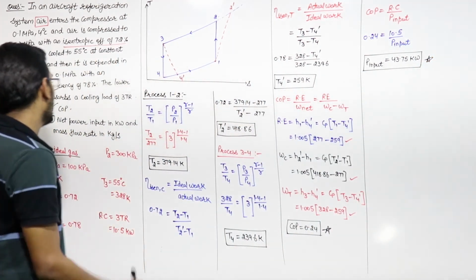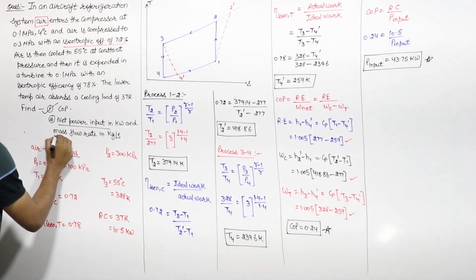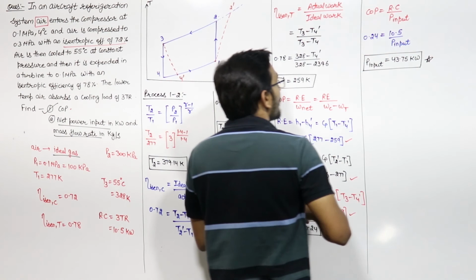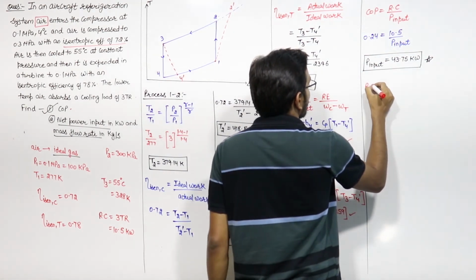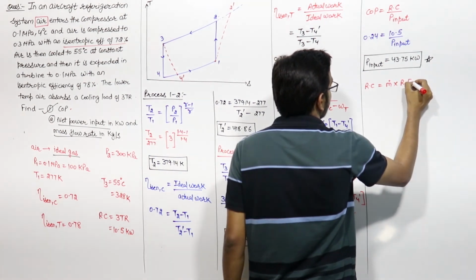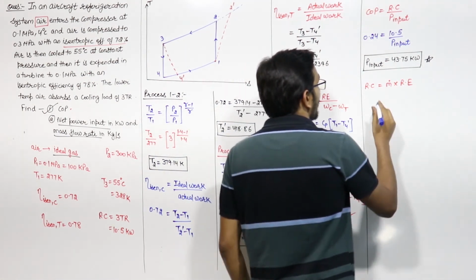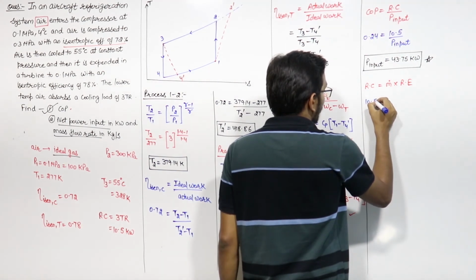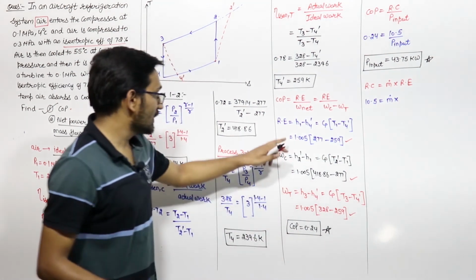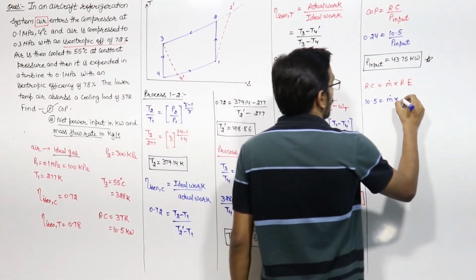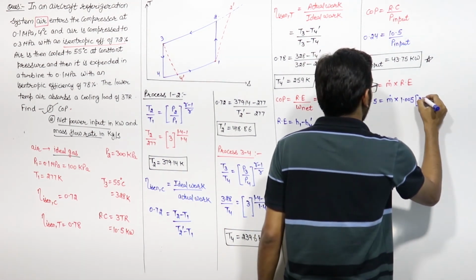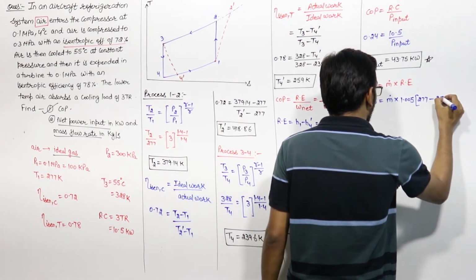We needed to find power input. Next is mass flow rate in kg per second. This is very easy. You know that refrigeration capacity will be equal to mass flow rate into refrigerating effect. So 10.5 is equal to mass flow rate into refrigeration effect, which is 1.005 into (277 minus 259).